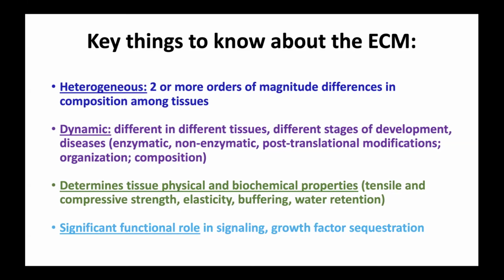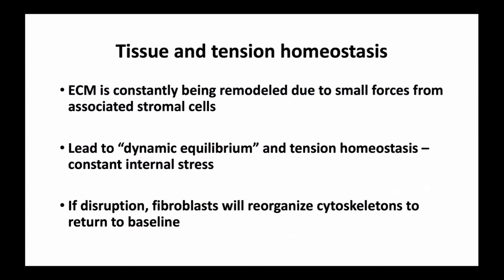The ECM used to be considered sort of structural and inert. And now we know that the ECM is not only structural and it holds on to growth factors, so it sequesters growth factors, but ECM molecules themselves interact with receptors. You heard a little bit of that from the first talk today, and can serve as signaling molecules. So these are really key things to think about with the ECM.